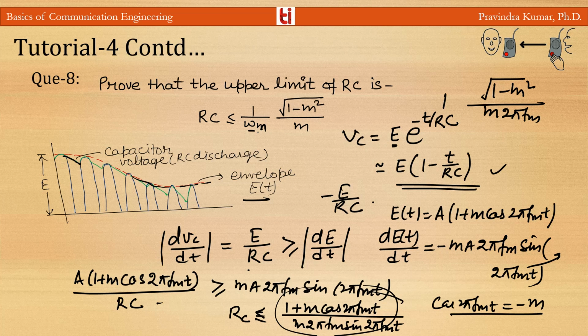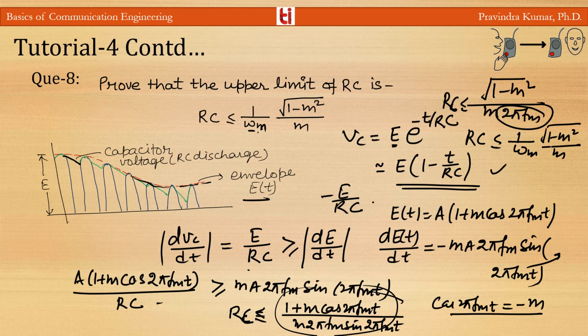So RC will be less than or equal to 1/ω_m times the square root of (1 − m²) divided by m. This is the proof of the upper limit of the time constant RC.